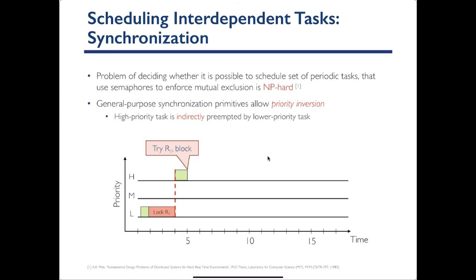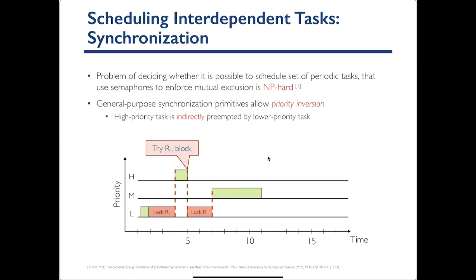But as you will see, this is going to lead to something even worse than the high priority task being blocked by a low priority task. Now, at this point, we're going to come back and start executing the low priority task. And let's say at some point a medium priority task comes in. Now, the medium priority task is going to preempt the low priority task and run.